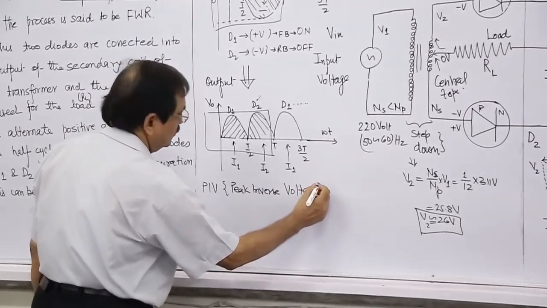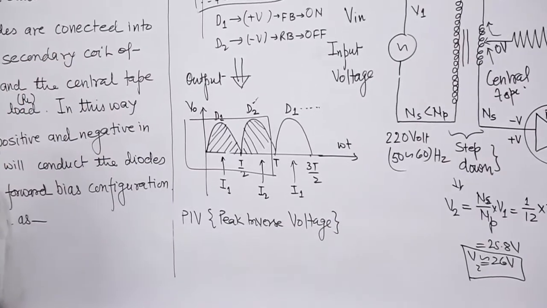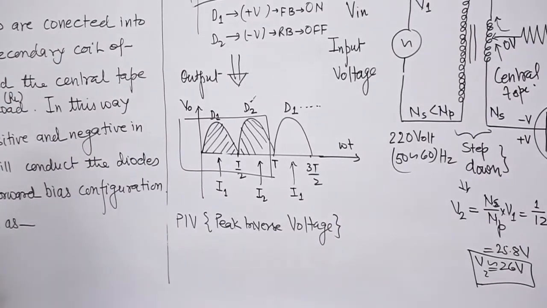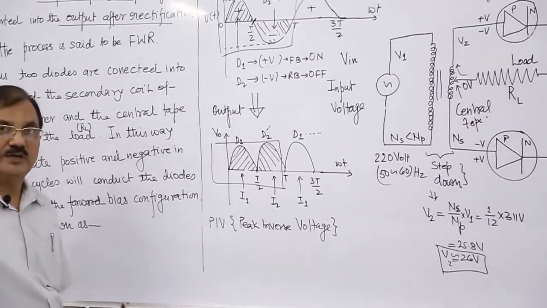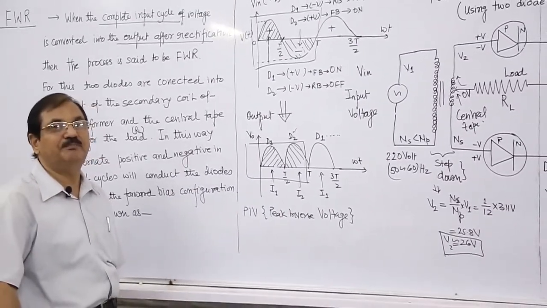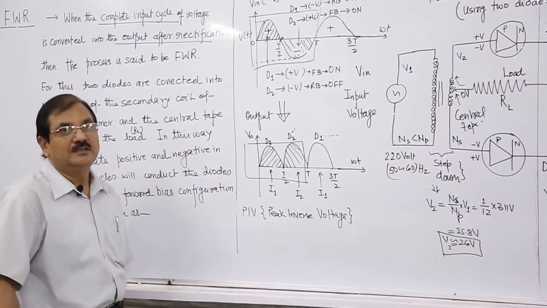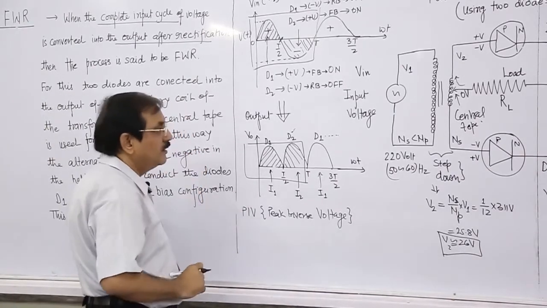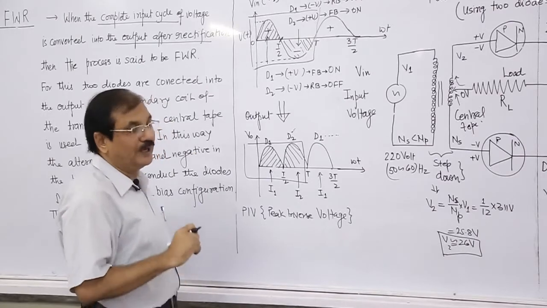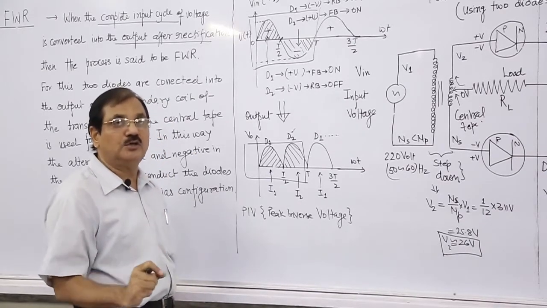Normally, this is a confusing term. What will be the peak inverse voltage? How much is the PIV? PIV is the voltage drop from load to the diode.